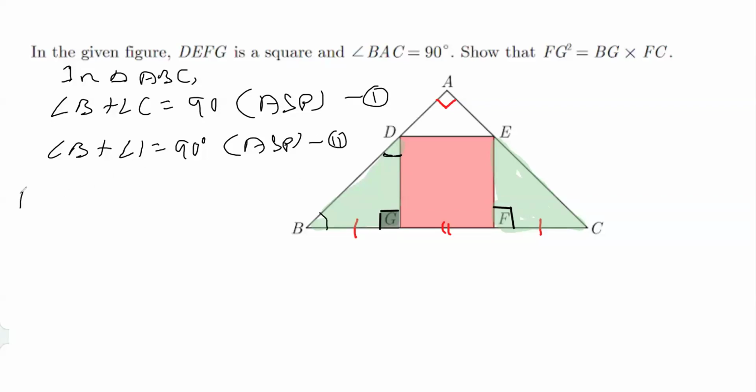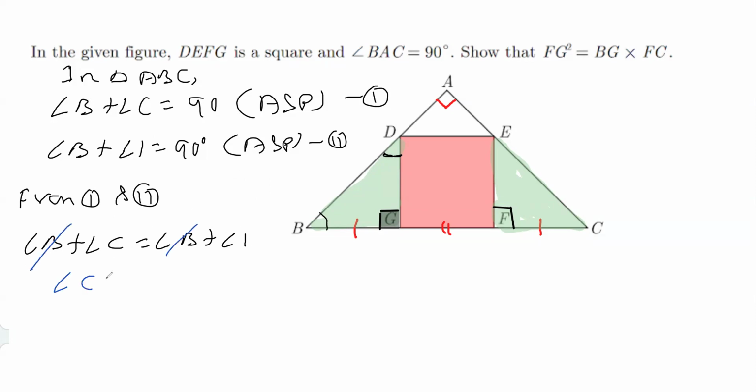Now, from 1 and 2, they're both equal to 90 degrees, so we can equate the left-hand sides. Angle B plus C is equal to angle B plus angle 1. This is angle 1. I can cancel B and B, and we conclude that angle C is equal to angle 1. Now, in geometry, we don't prove the same thing again.